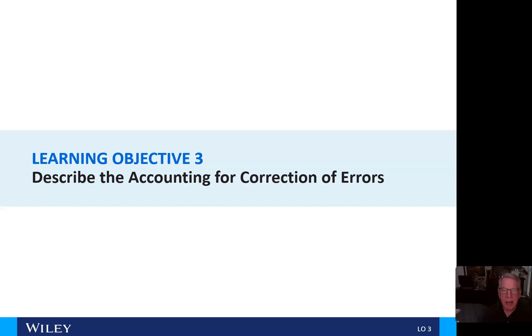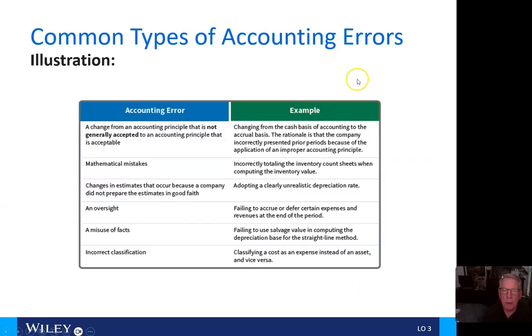Okay, describe the accounting for correction of errors. Now, here we have a change from an accounting principle that is not generally accepted to an accounting principle that is accepted. An example of that would be changing from cash basis accounting to accrual basis accounting.